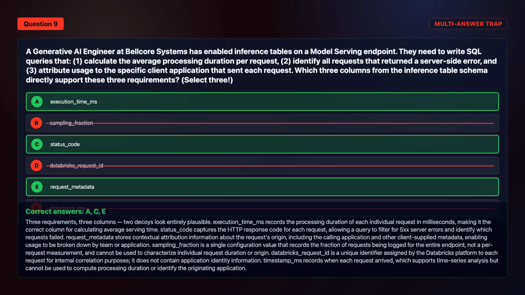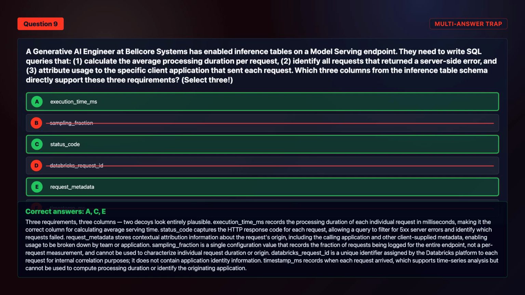The correct answers are Option A, Option C, and Option E. 3 requirements, 3 columns, 2 decoys look entirely plausible. Execution_time_ms records the processing duration of each individual request in milliseconds, making it the correct column for calculating average serving time.